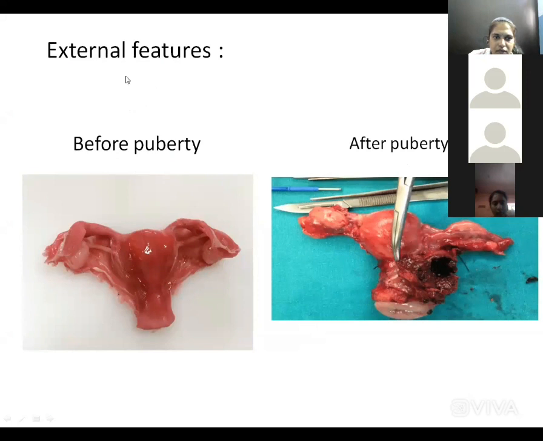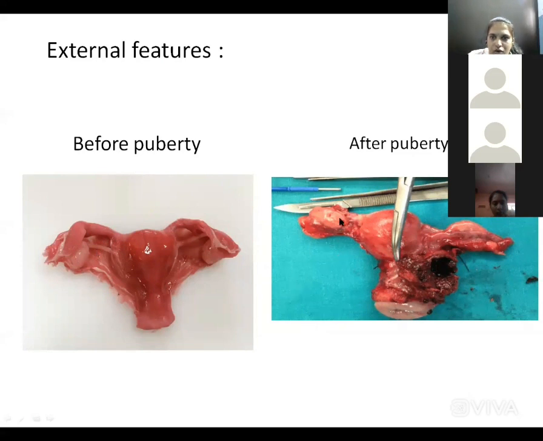Now external features. This is a color diagram actually, but the colors are not seen distinctly. So in external features, first we will see the color, which is not shown over here, before puberty and after puberty. All of you know that before puberty, ovum is not released from the ovary.